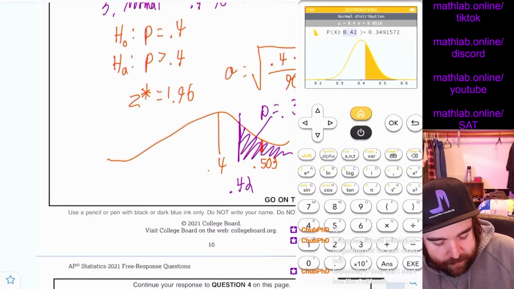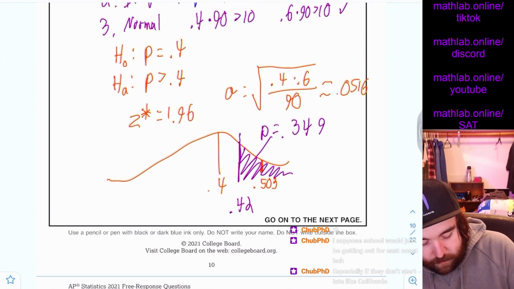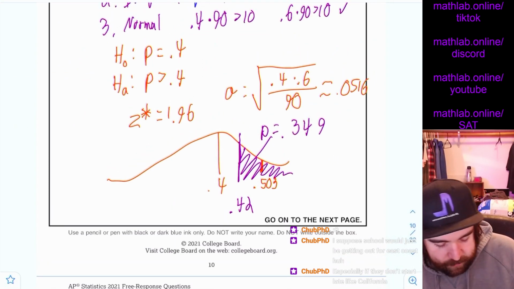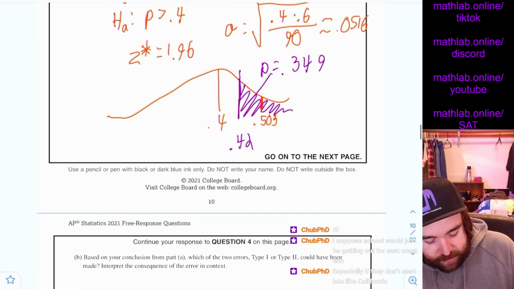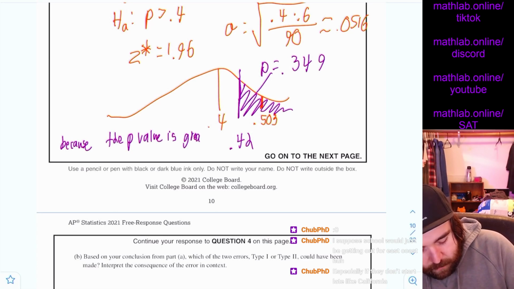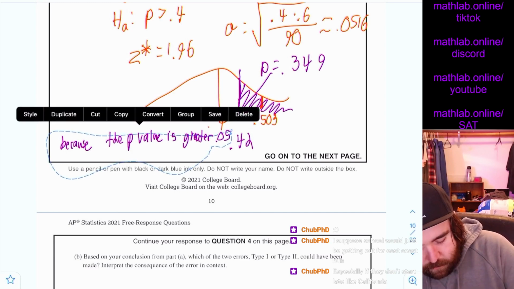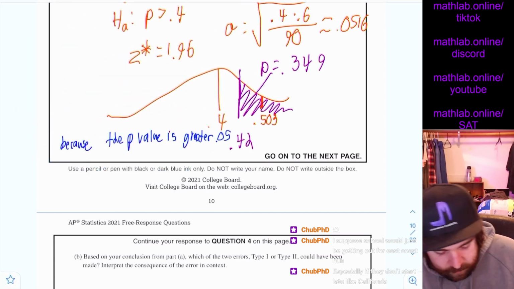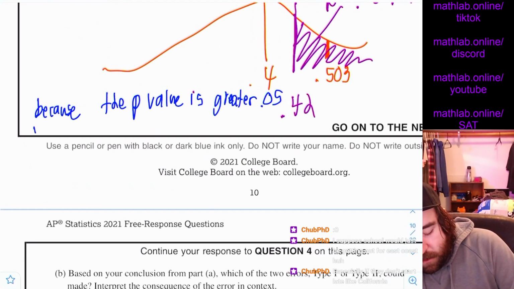That's the p-value, right? Well, we've used multiple different p's now. That's a lowercase p. And then we'll say, because the p-value is greater than 0.05, we reject the null hypothesis.